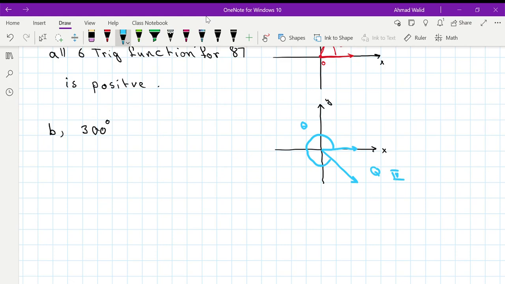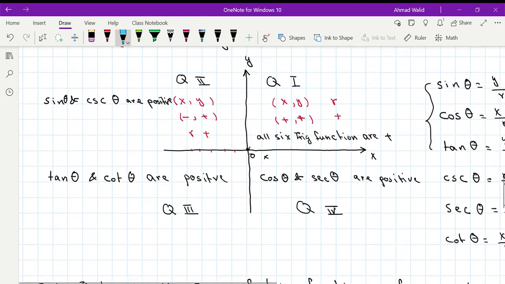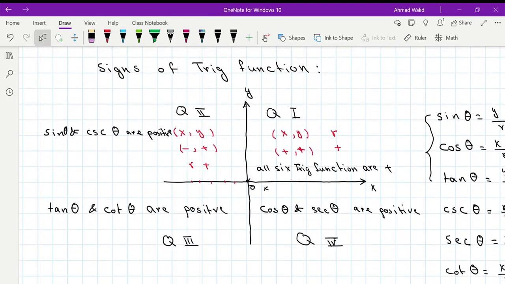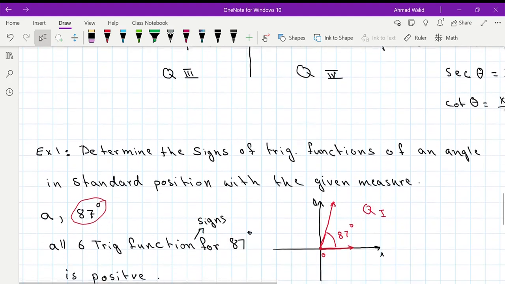Now, what was the sign distribution in quadrant number 4? In quadrant number 4, cosine and secant are positive, the rest is negative.